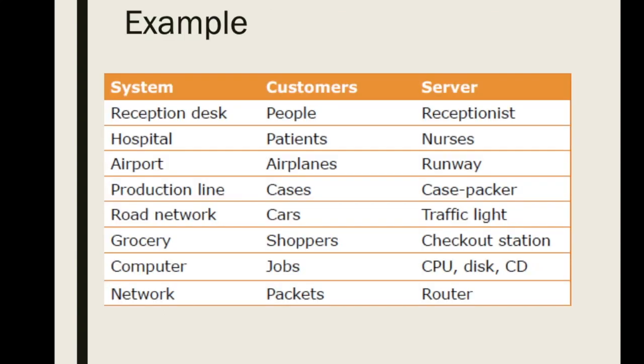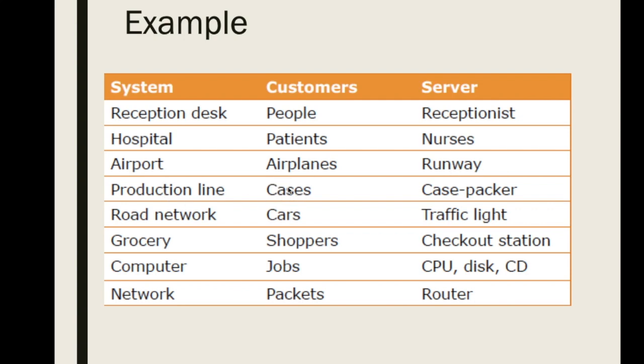Let us consider certain examples. In a hotel, the system is the reception, the customers are people, tourists, and the server is the receptionist. In a hospital, patients are the customers, nurses are the servers. At an airport, airplanes are the customers, and while they are going for landing or takeoff, the runway is the server.